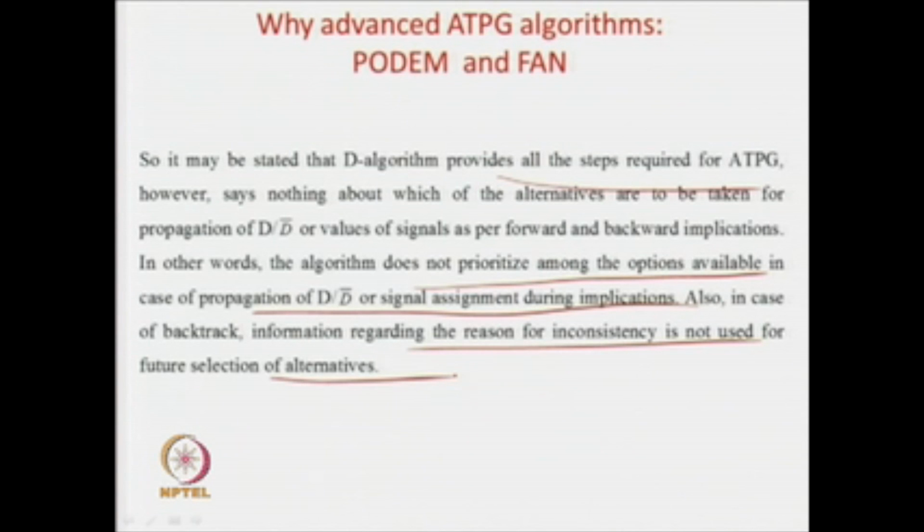Whenever the D-Algorithm fails, it never learns from the inconsistency, so it would be better to use this learning in the choice of the next option. Also, it will not set a priority, for example that gate number 2 is the first priority for D frontier propagation and another option is the second priority. The algorithm just selects randomly, and that is the problem.